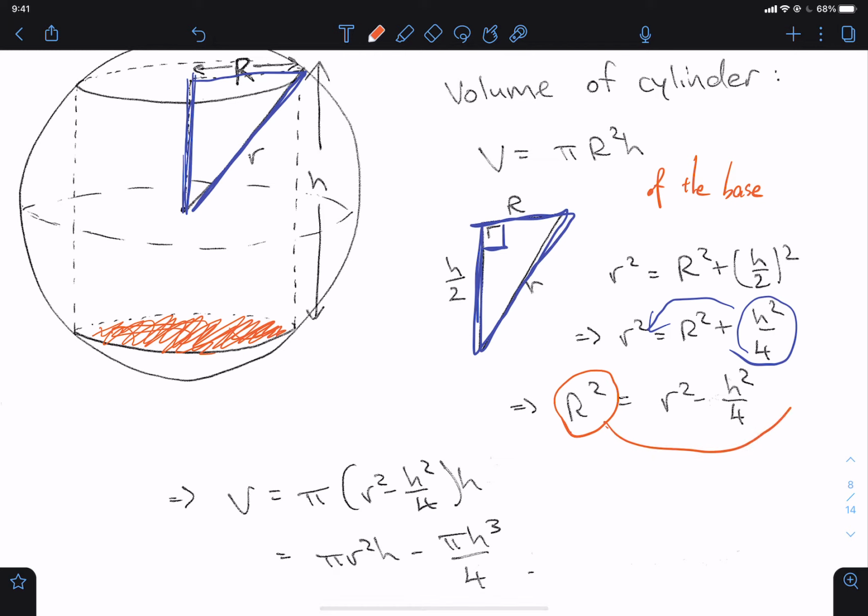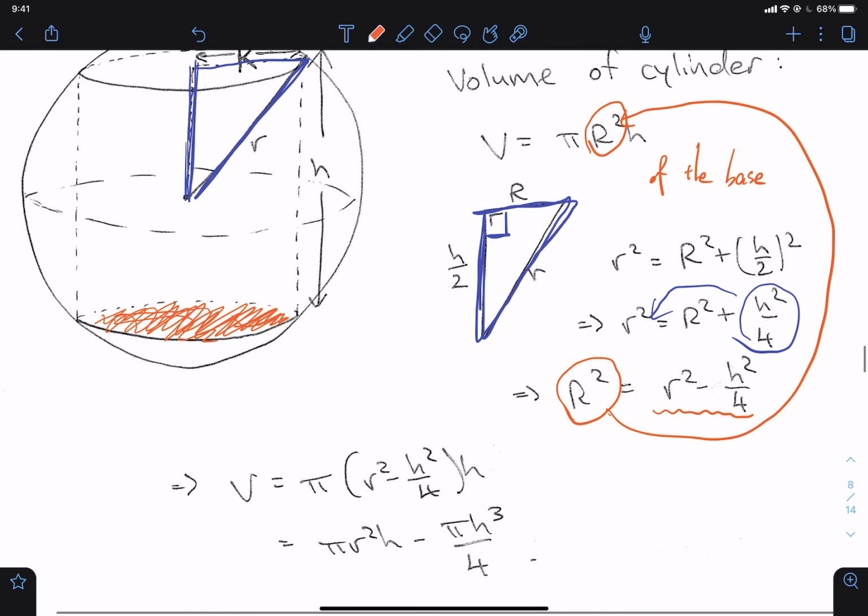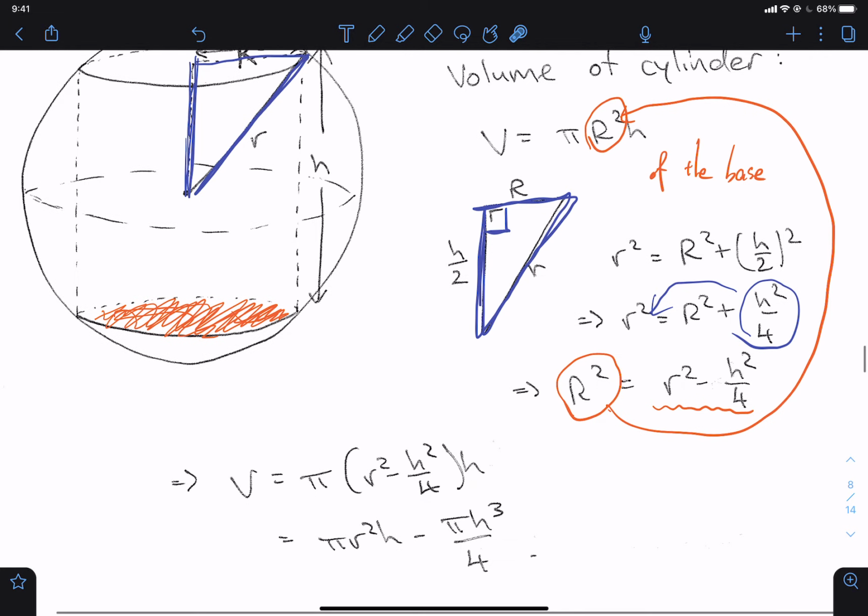So this guy is going to be replaced by the lowercase r expression here. So now my volume is written as pi times this expression, which originally was R squared, times h, right?